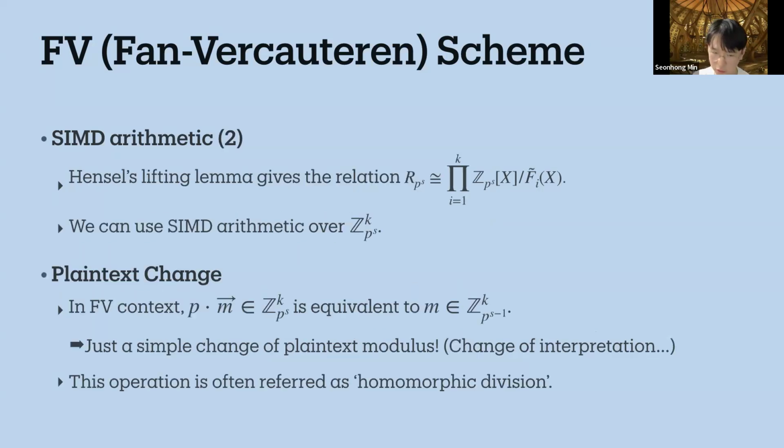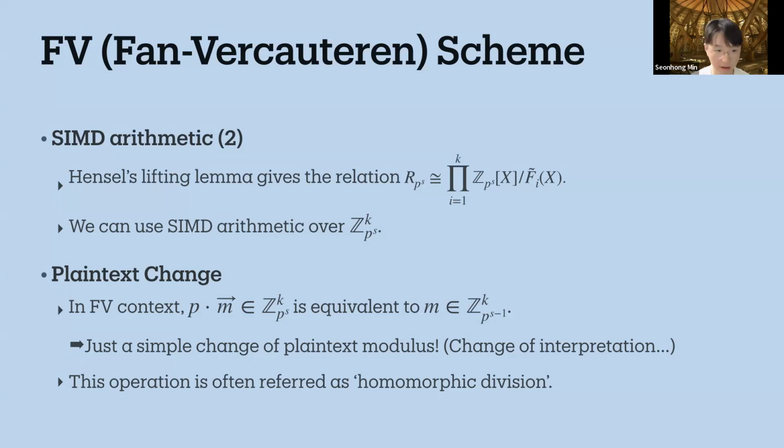But what if we want to use a larger plaintext space? Then we can use Hensel's lifting lemma, and we have the isomorphism between R_{p^s} and a direct sum of some rings. Then we can use simple arithmetic over a vector of integers modulo p^s.